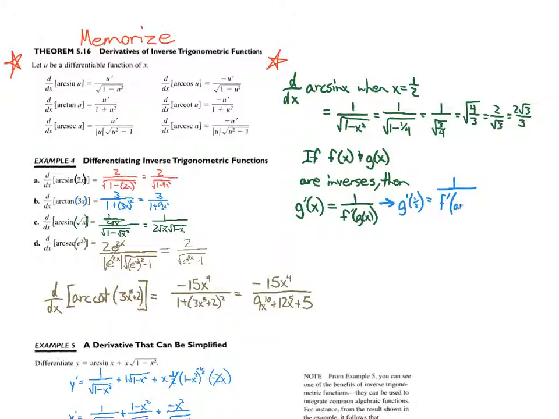So g of x would be the arc sine of a half. What's the arc sine of a half? Pi over 6? Okay. So 1 over f prime of pi over 6. Well, what's the inverse function of arc sine? Sine. What's the derivative of sine? Cosine.